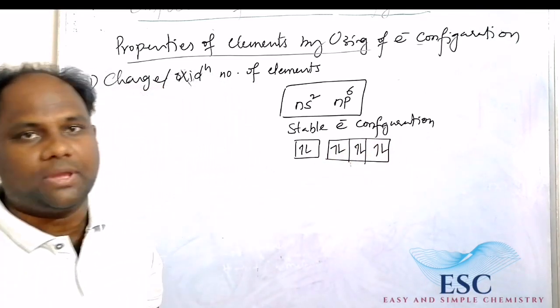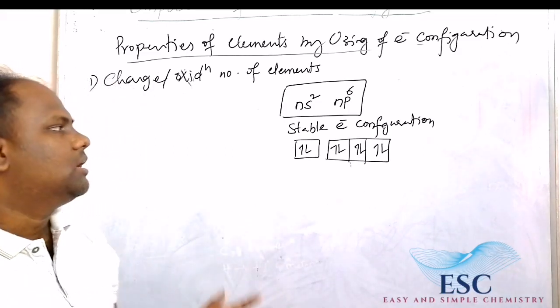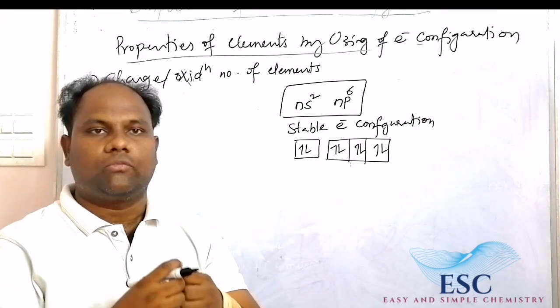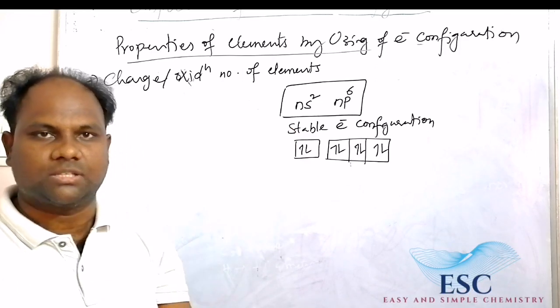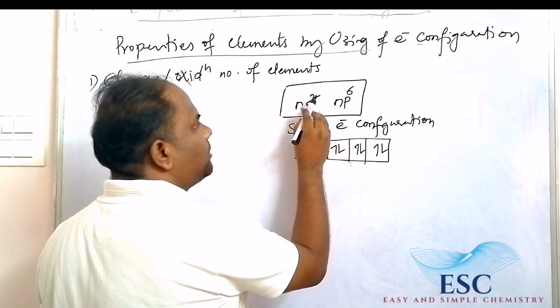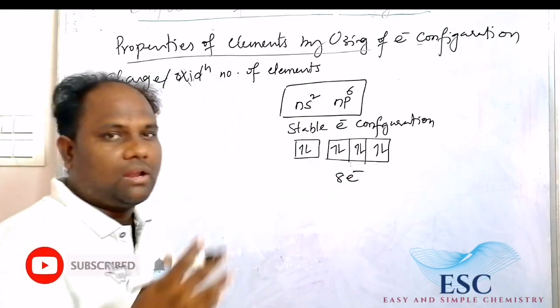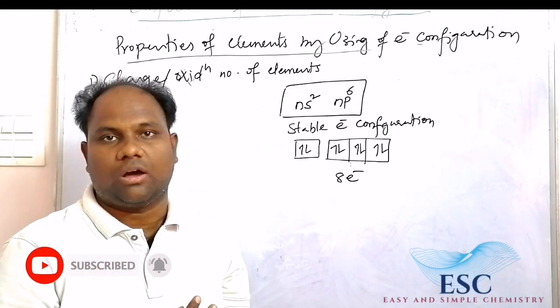There are no unpaired electrons present in both s and p orbitals. That's why the total valency orbitals are completely filled with electrons, and that's why this is the stable electronic configuration. And one more thing: how many electrons are in the valency orbitals? 2 plus 6, total 8 electrons. 8 electrons should be present in the valency orbitals.